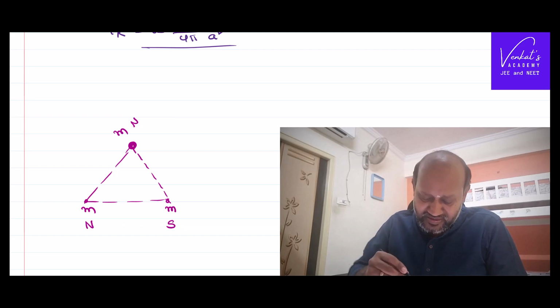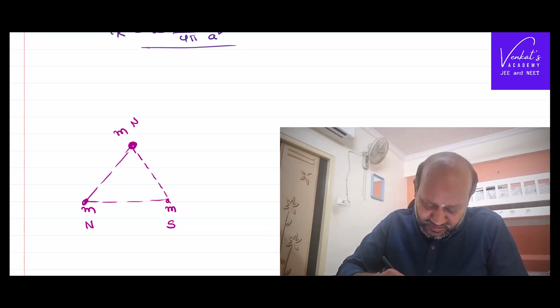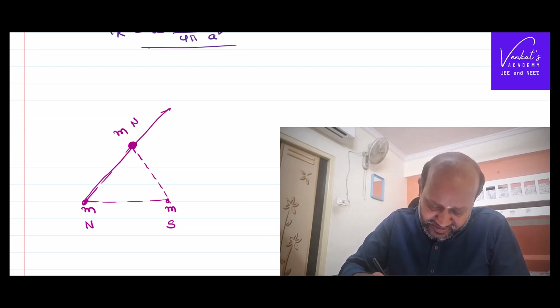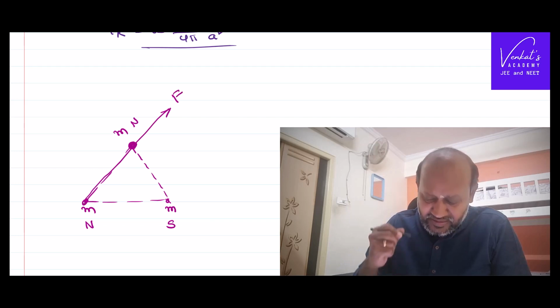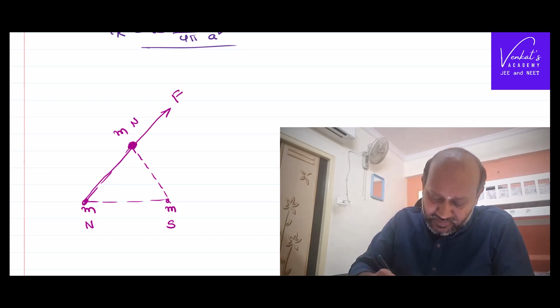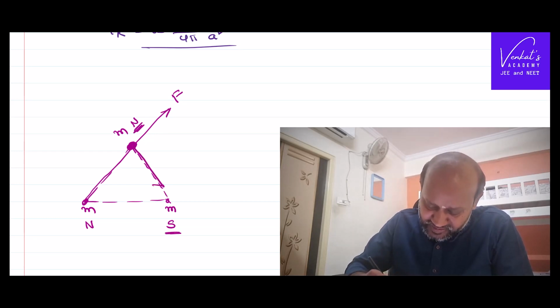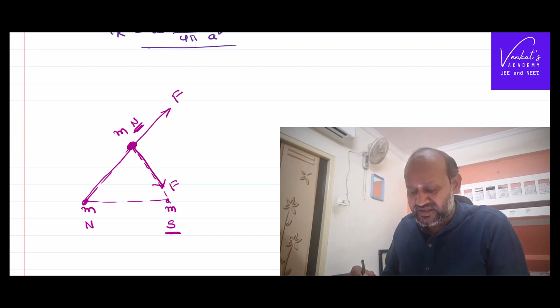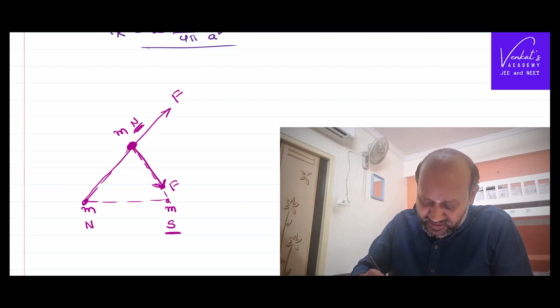What makes a difference? This north pole applies a repulsion. That's the value of F, the same as the earlier case. But this north pole, being with the south pole, experiences a force of attraction. Its value is the same, but the direction is different because it's attracting towards it.